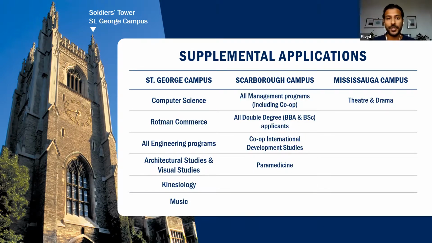For Rotman Commerce, for example, students are doing a written response and a video response. Both are asking about your leadership experiences, why you want to do business, and an opportunity to get to know you. So there are very specific prompts and you're responding to those. Same thing with the other supplemental applications.